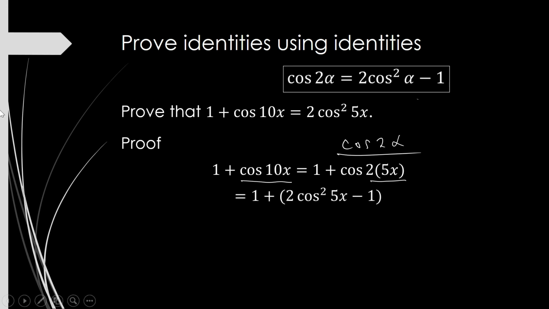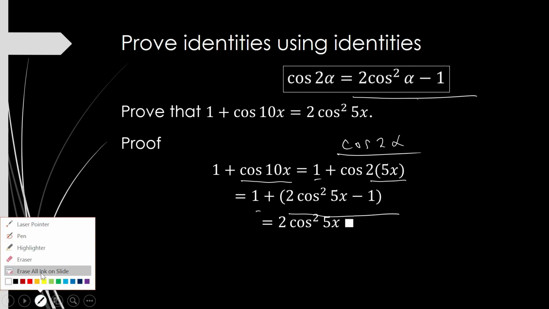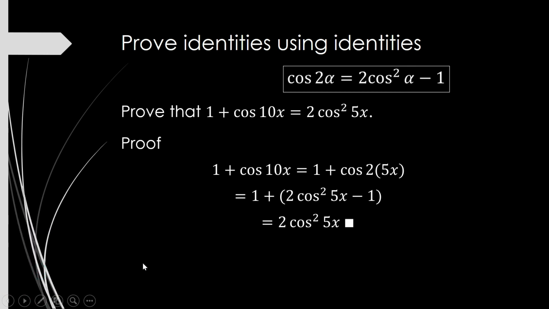Applying our identity, it becomes 1, we just copied this, 1 plus this. Look at that: 2 times cosine of 5x raised to 2, and then minus 1. And then we will simplify it. 1 minus 1 is 0, and so we are left with 2 times the square of cosine of 5x. So we are done.